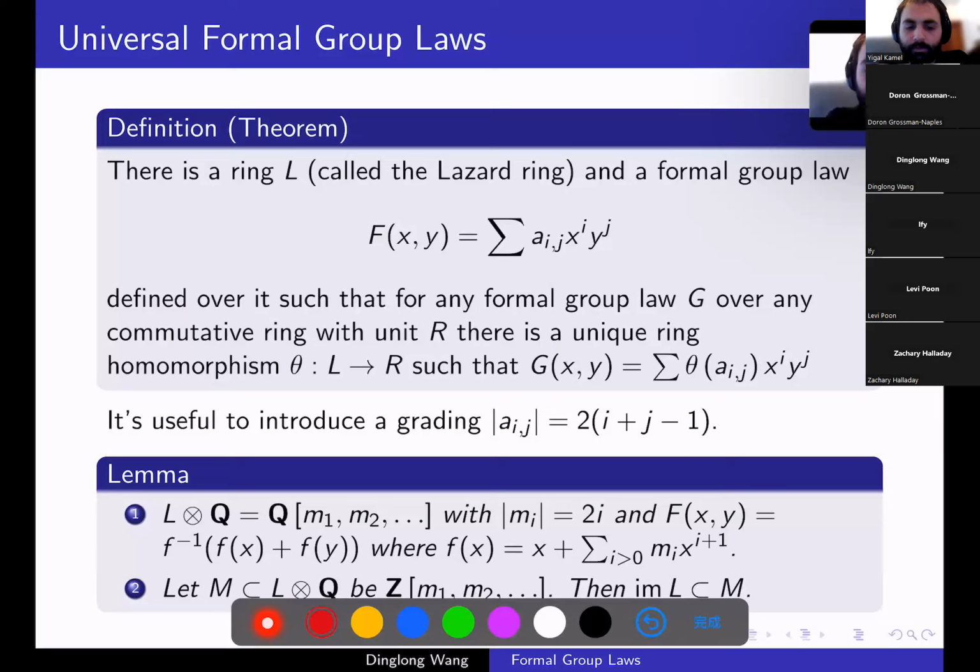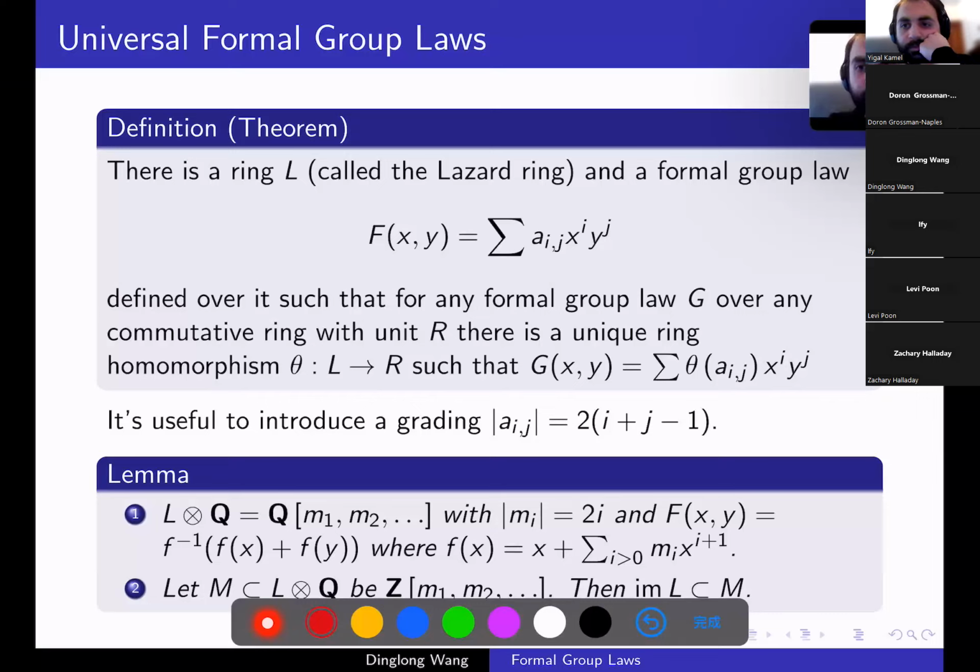This isomorphism can be constructed as follows. You have an induced map from L tensor Q to the free polynomial ring by the universal property of the Lazard ring, and you also have an inverse map where you send m_i to the corresponding coefficient of the logarithm in L tensor Q. And actually the image of L is contained in a subring of this L tensor Q, the free polynomial ring with integer coefficients.